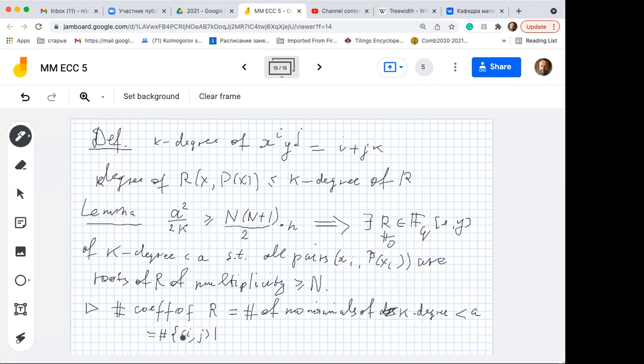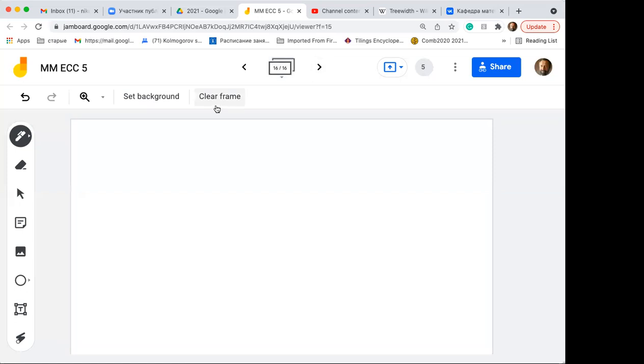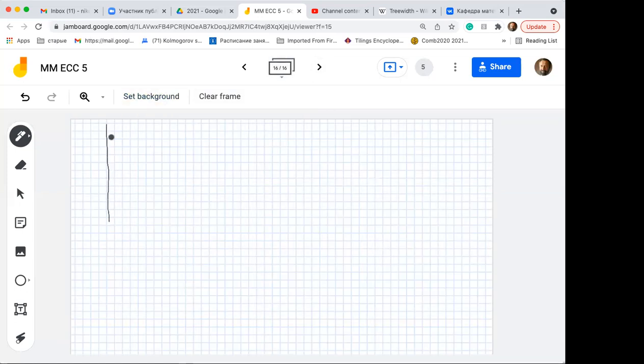We need to count how many pairs i, j, where i and j are natural numbers, are there such that i plus j times k is strictly less than A. This can be represented by the following picture. Let's say our horizontal axis is j and our vertical axis is i.